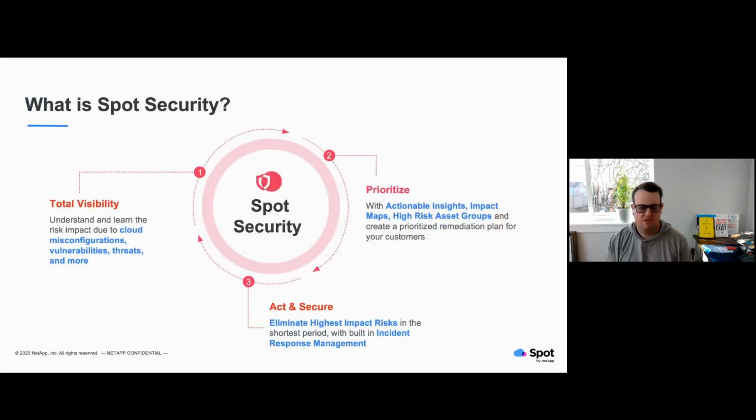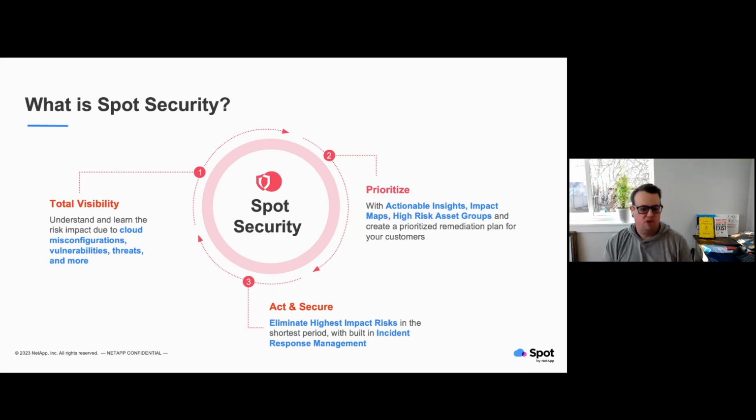So when it comes to security, what is Spot Security? Since it's a new product that we've talked about on this call. Spot Security gives you total visibility to understand the risk impact due to cloud misconfigurations, vulnerabilities, threats, and more.